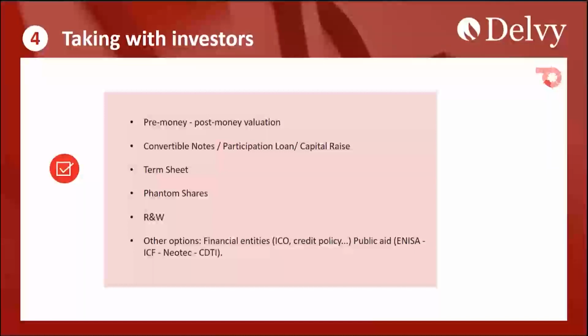What is here as R and W is what we call reps and warrants. This is related with this process that I'm referring to. There's the term sheet, there's the due diligence, and afterwards, in the investment agreement, there are some reps and warranties that normally are made by the founders, and there are representations and warranties of what is the current state of the company.